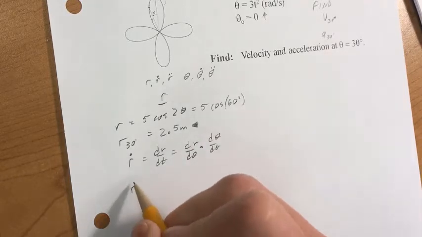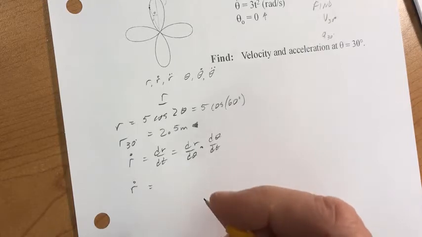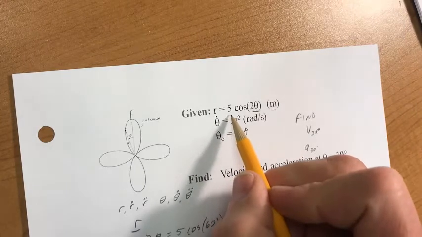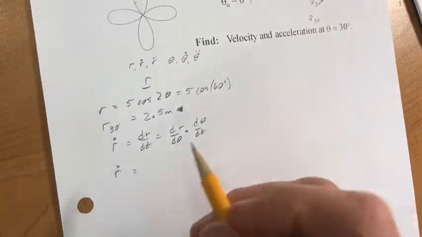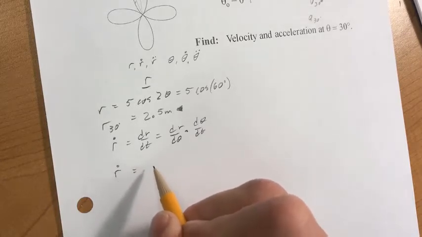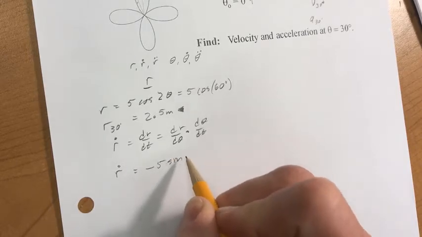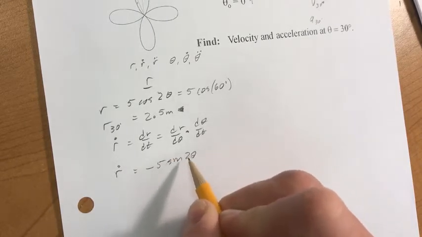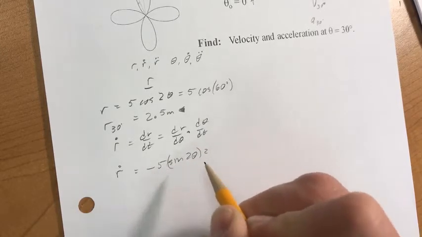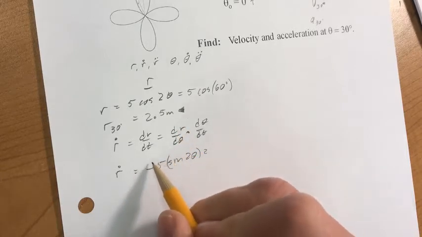So our r dot equals the derivative of our function here, 5 cosine of 2 theta, in terms of theta. The derivative of cosine is negative sine, so we're going to have negative 5 sine of 2 theta times the derivative of the inside, which is 2. All right, now that is the dr d theta part.